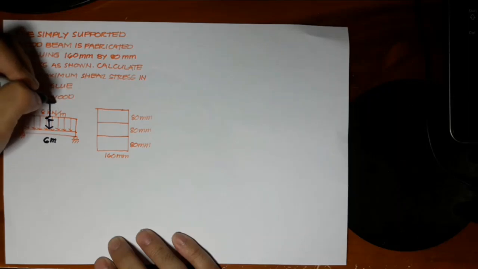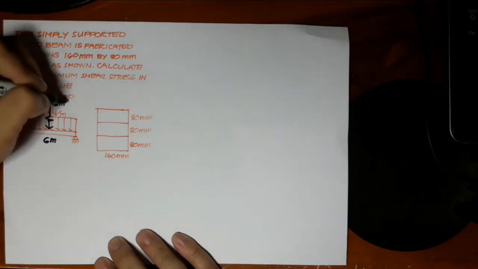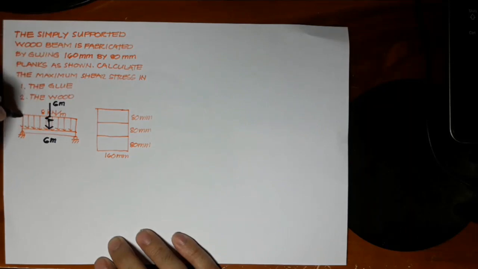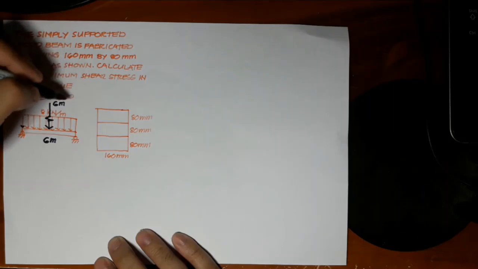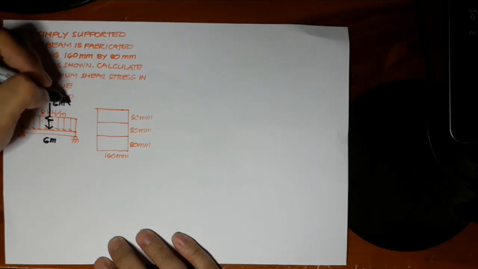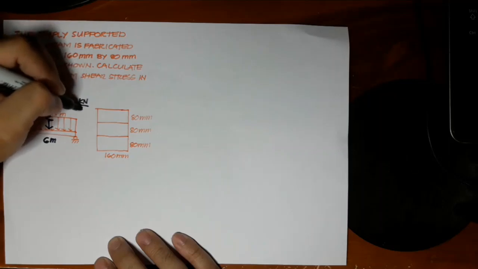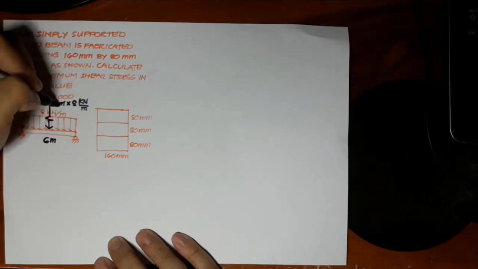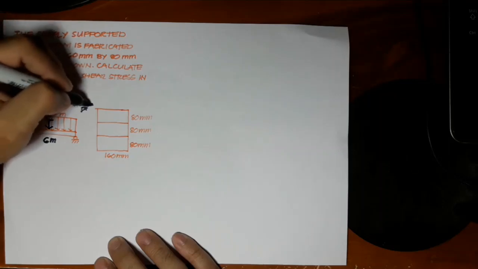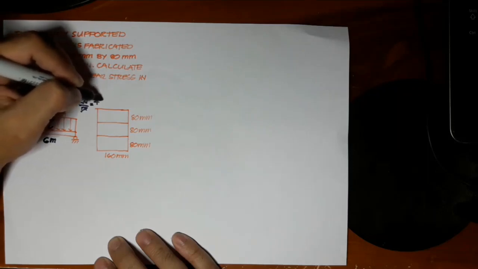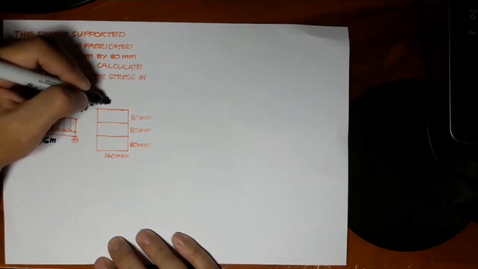The base is 6 meters multiplied by the height of the load diagram, which is 8 kilonewton per meter. You cancel the meter, then you get 48 kilonewtons.